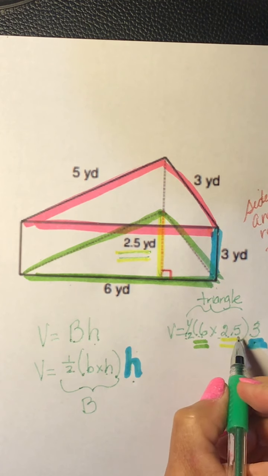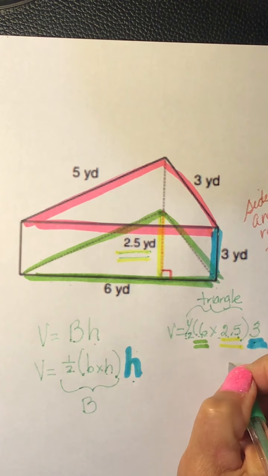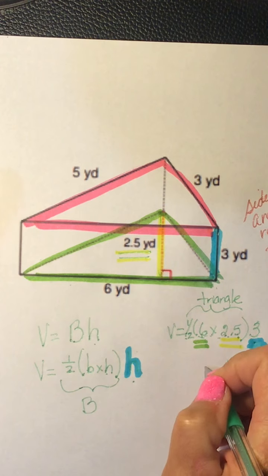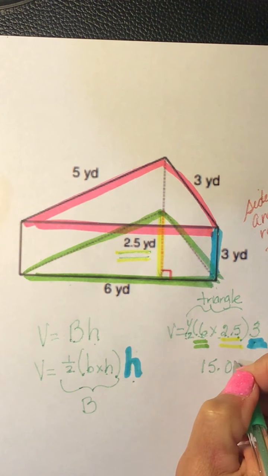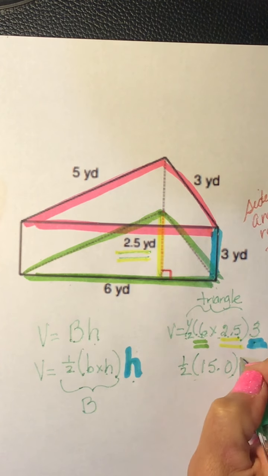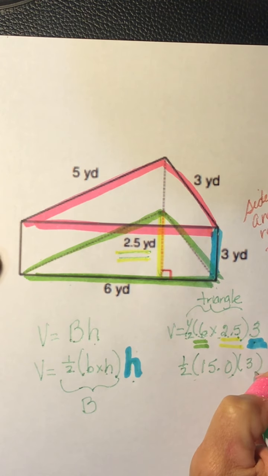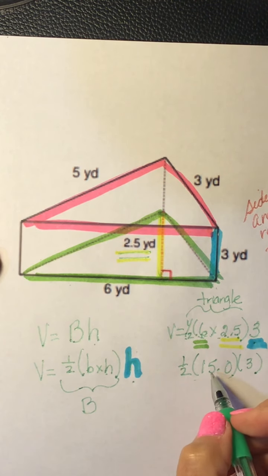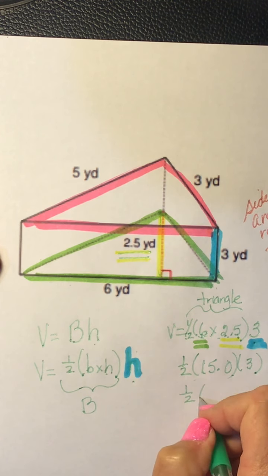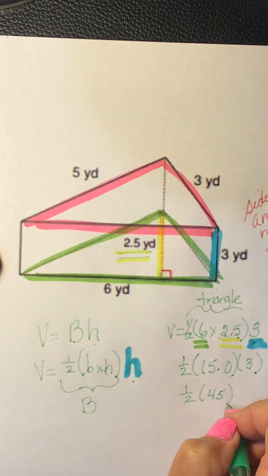So 6 times 2.5. 6 times 5 is 30. 6 times 2 is 12, 13, 14, 15. 1/2, 15 times 3. Okay. 15 times 3 is 45, so 1/2 of 45.